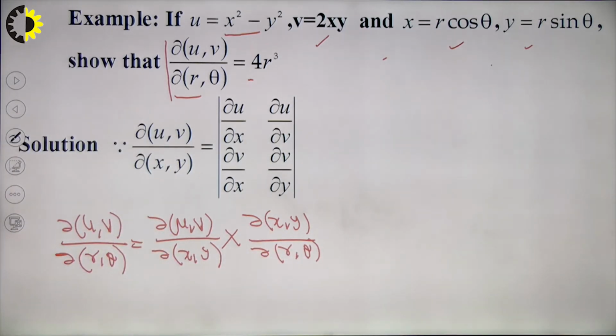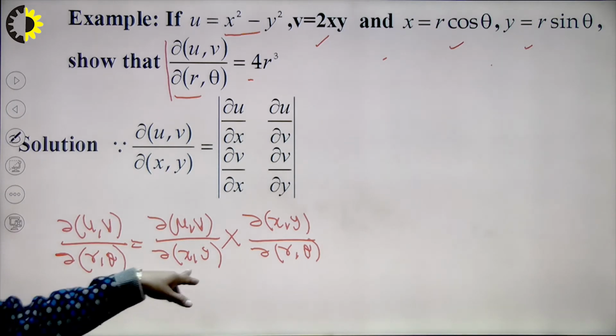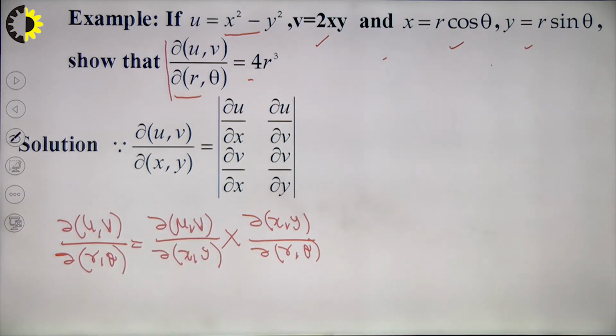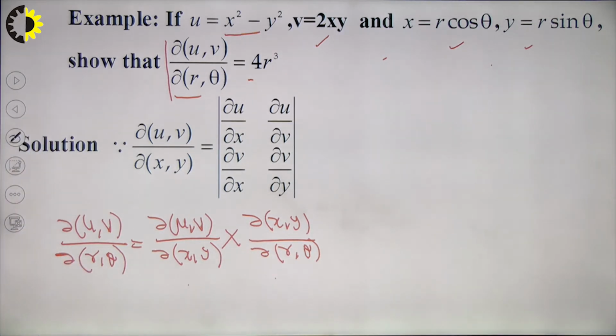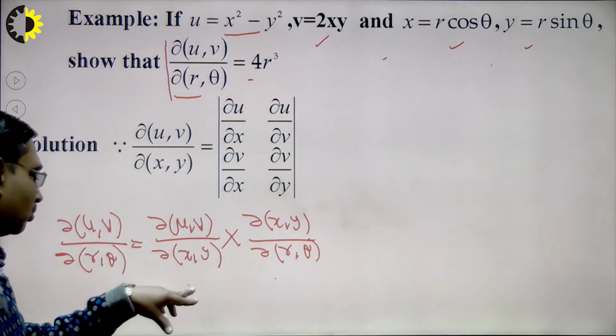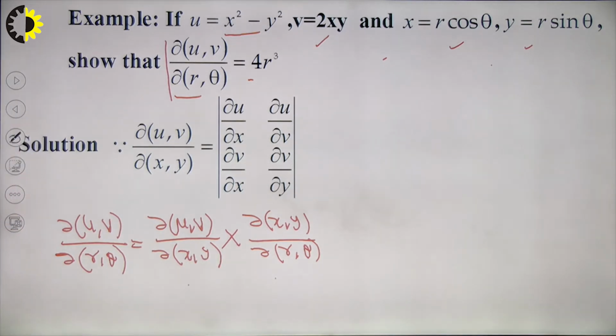Therefore we shall calculate each of these Jacobians separately, and substituting both of these values here, I shall be able to write this Jacobian del uv over del r theta.